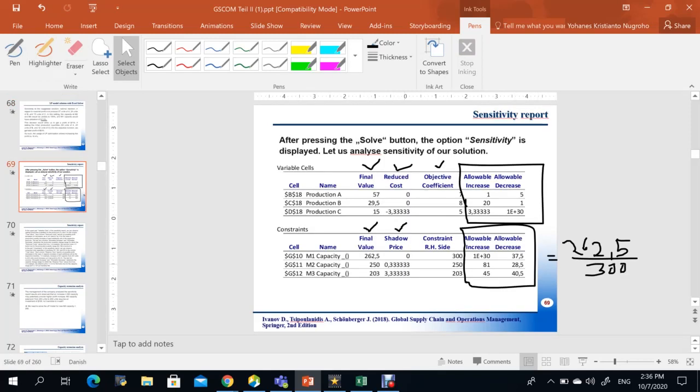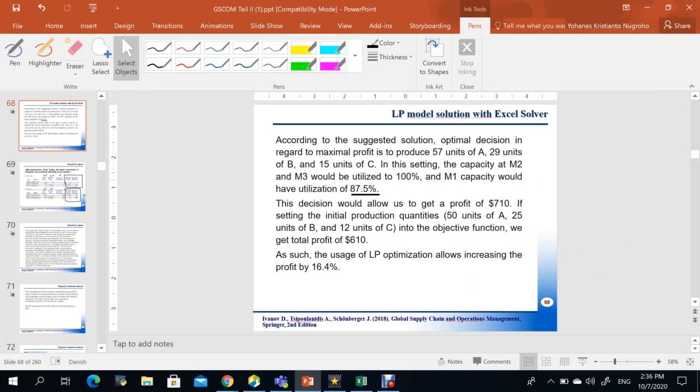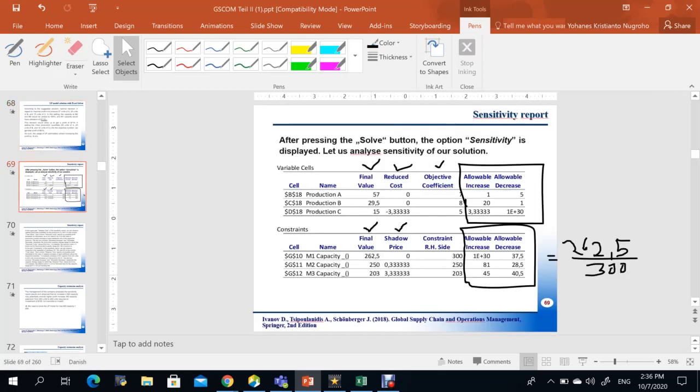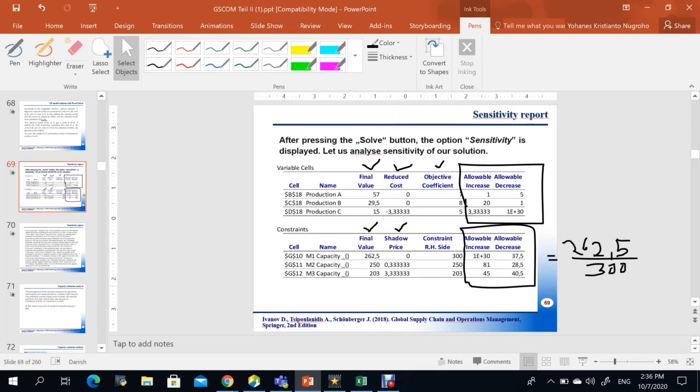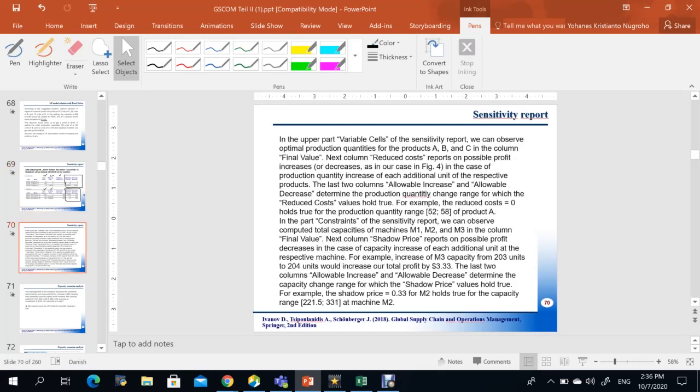And similarly for 250 divided by 250, and therefore 100%. Also here 203 divided by 203, and we have also 100%, right? Okay. Now we go to the next slide. Okay, this is how to explain the table that I have explained just now.